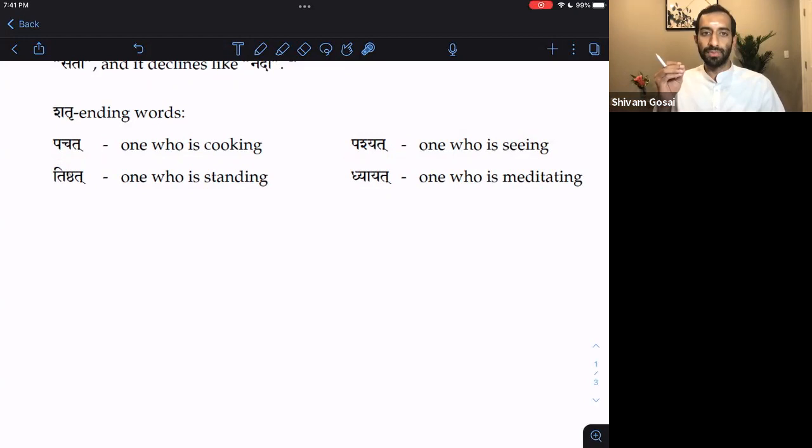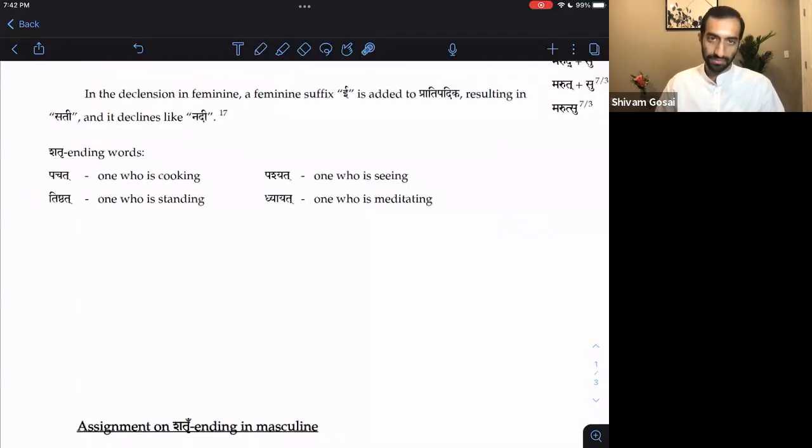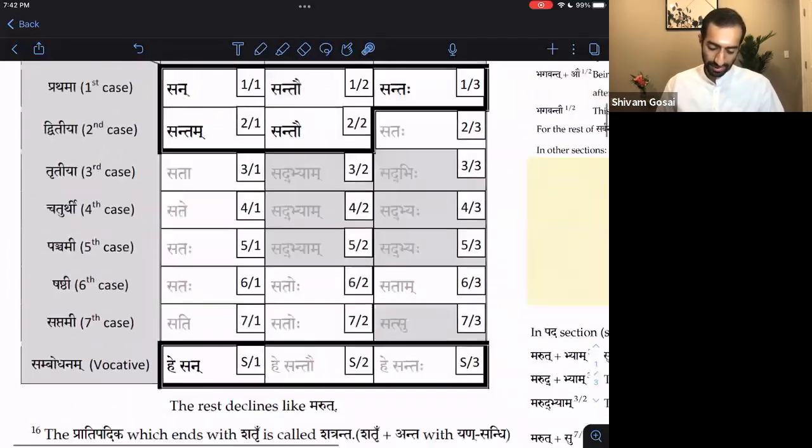But if we add drish dhatu plus shatru, then it's one who is seeing. So this suffix gives the ing kind of meaning. One who is ing. Dhyay dhatu, dhyayat, one who is meditating. Sta dhatu, one who is standing. Right? So now this refers to a person or to an entity, to a noun. Okay, so hope that makes sense.